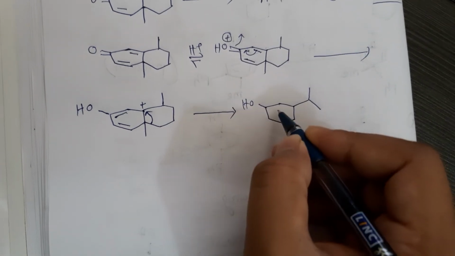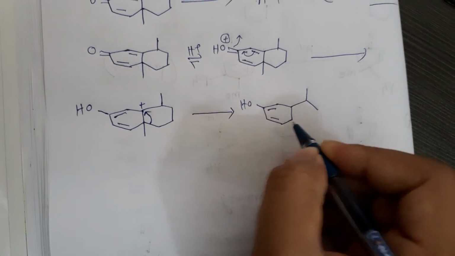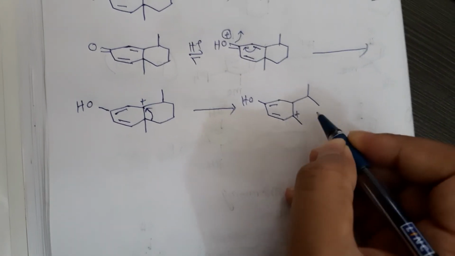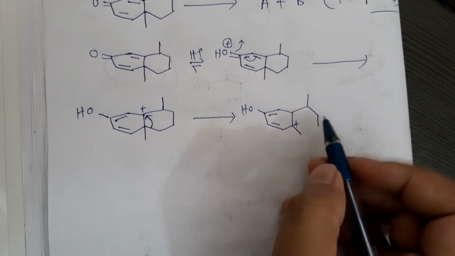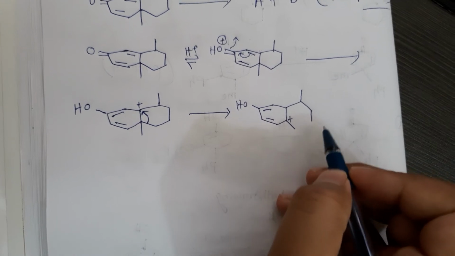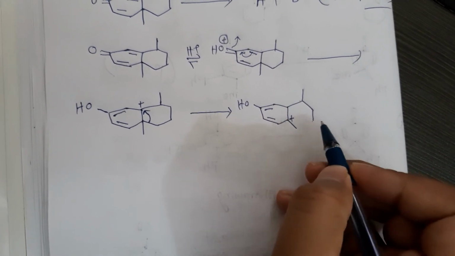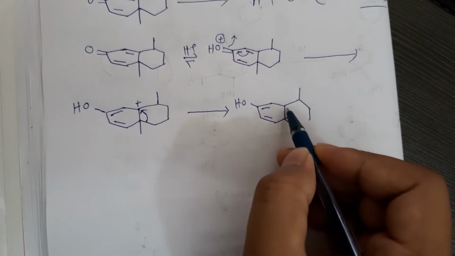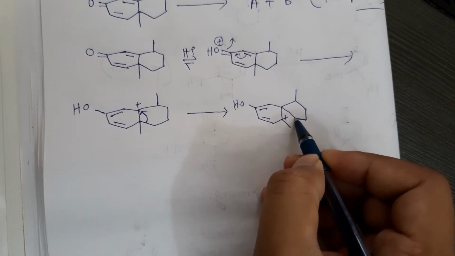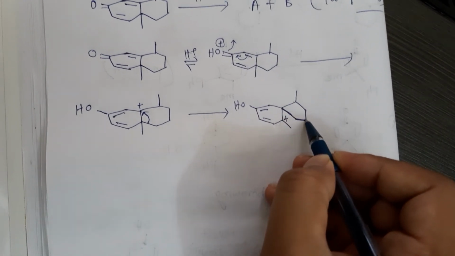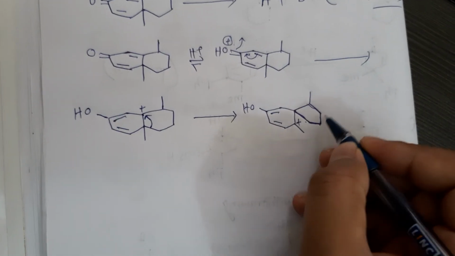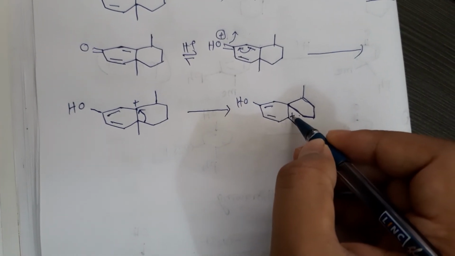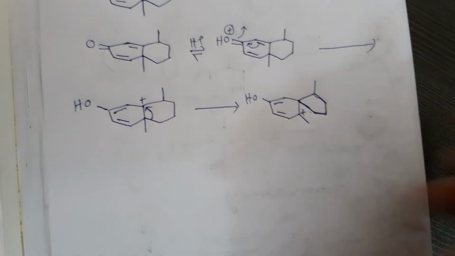So OH, here one methyl group, here carbocation. One, two, three, four, and a five membered ring will be formed. This one, 1 2 3 4 5, one methyl group, and here is one proton.